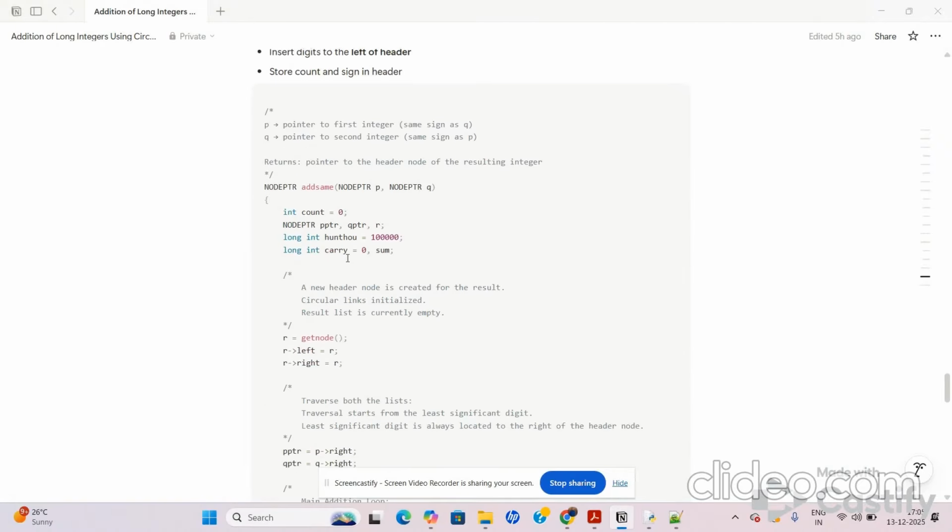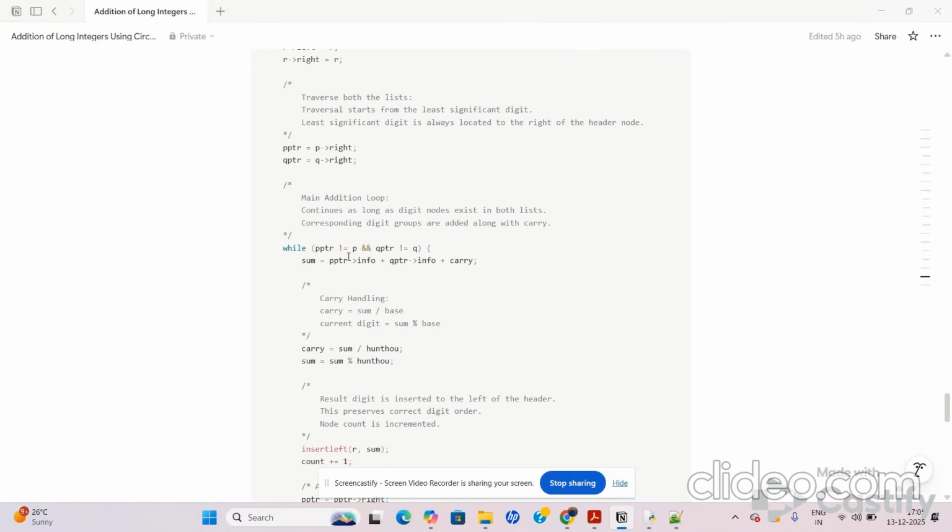So there you are just going to add. When both the numbers are the same sign, that means the operation is simple, right?